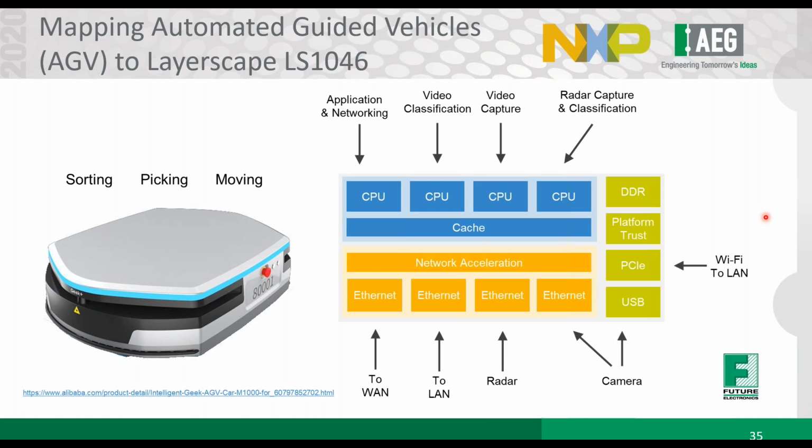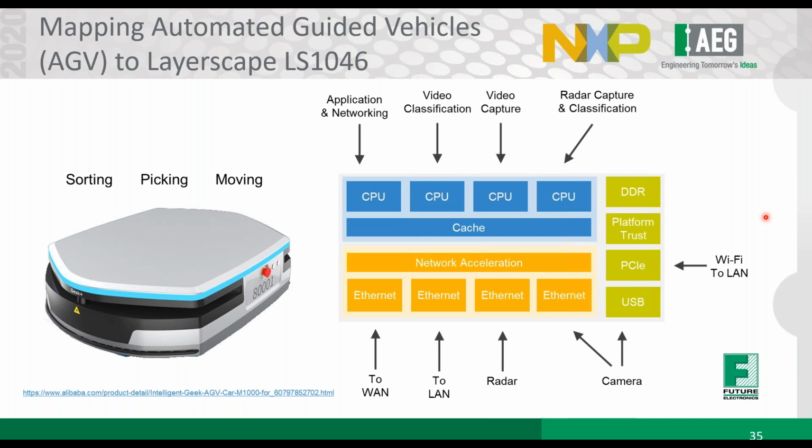So this gives you an example of how you may map this kind of application to a Layerscape processor, both from an I/O perspective. So bringing in radar maybe through an Ethernet interface, cameras you can bring into either a USB or an IP camera through Ethernet. You can have wireless and wired connectivity in terms of Ethernet and Wi-Fi, and then you have multiple cores available to process that data that's coming from these various different sources.